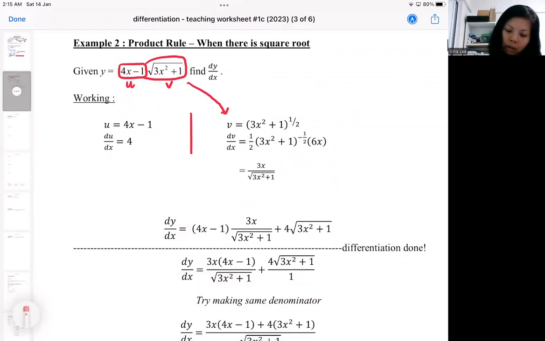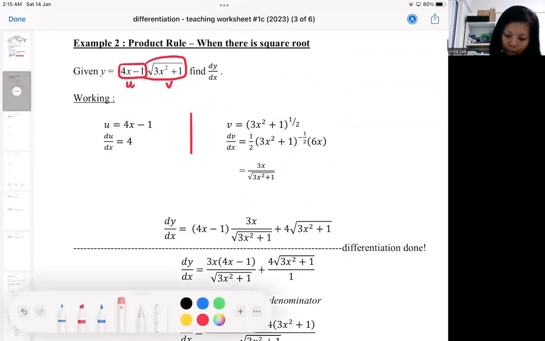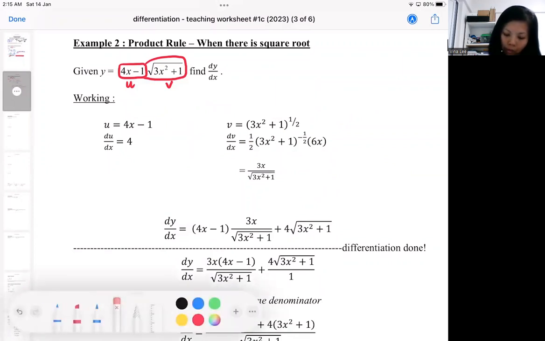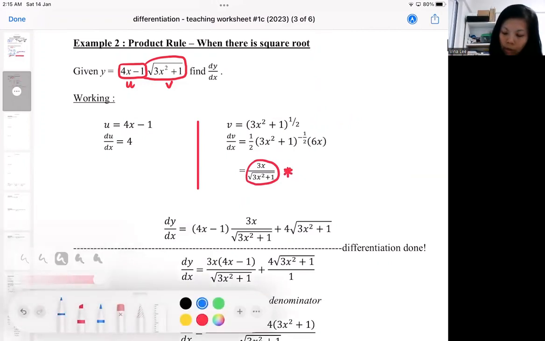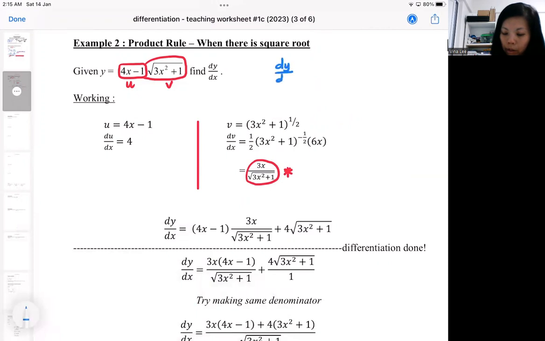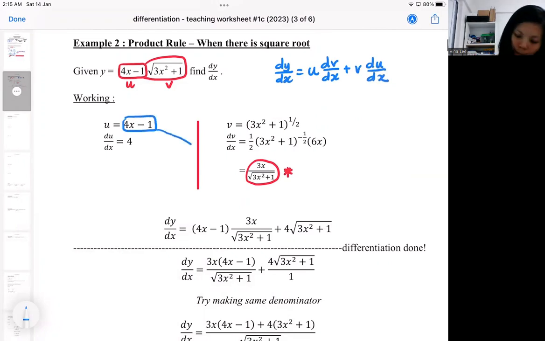Okay, so let's tidy up first. You must simplify the part with the square root. So this part is a must. It will facilitate the product rule. So the product rule is like this: u dv dx plus v du dx. So you take this function and you multiply it to the nice fraction that you have.